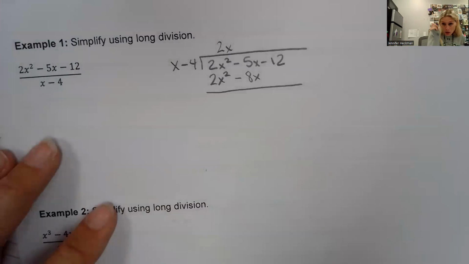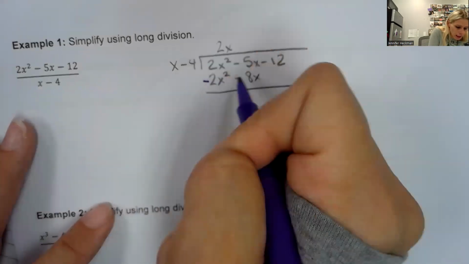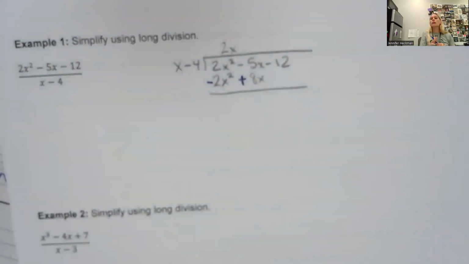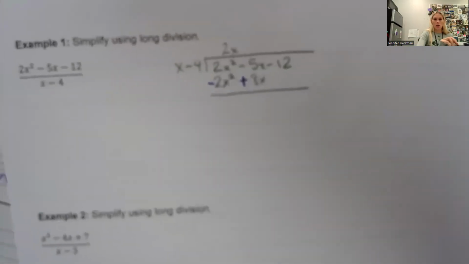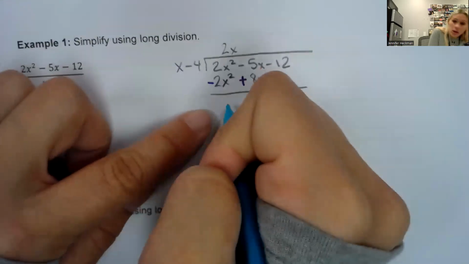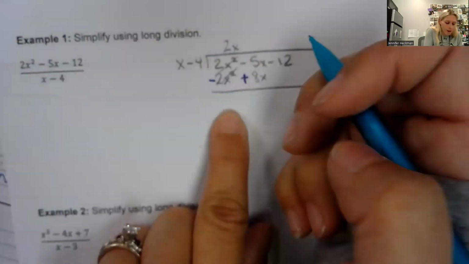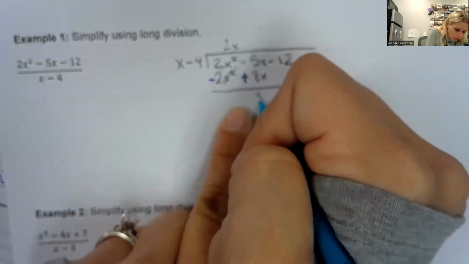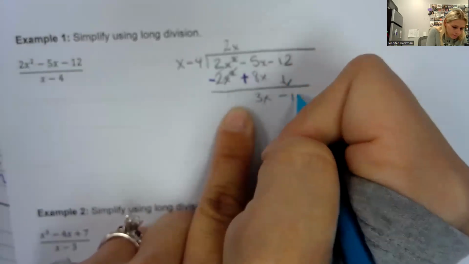So what I like to do is take another color and say, let me change the signs. Because once I change the signs, now I can think about addition, okay? So negative 2x squared plus 2x squared is 0, and that was the whole point. We wanted that to cancel. Negative 5x plus 8x is 3x, and then we bring down the negative 12.